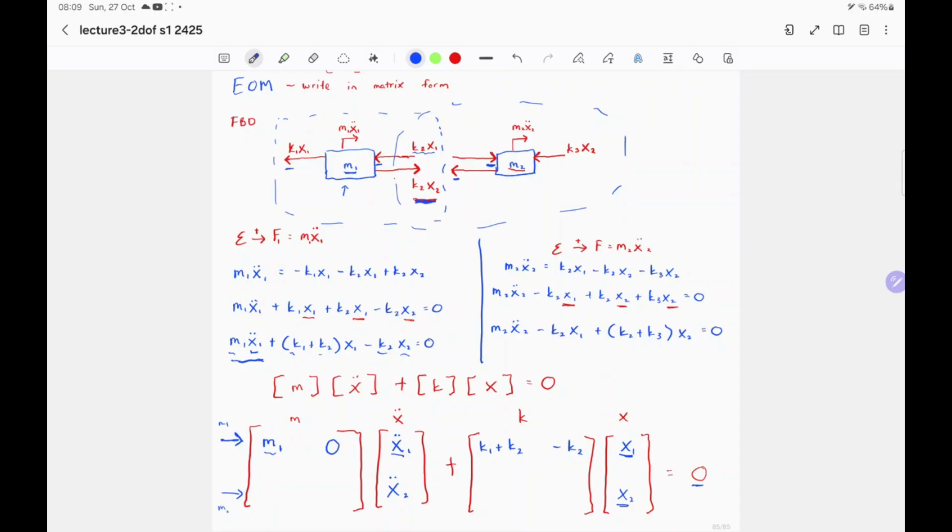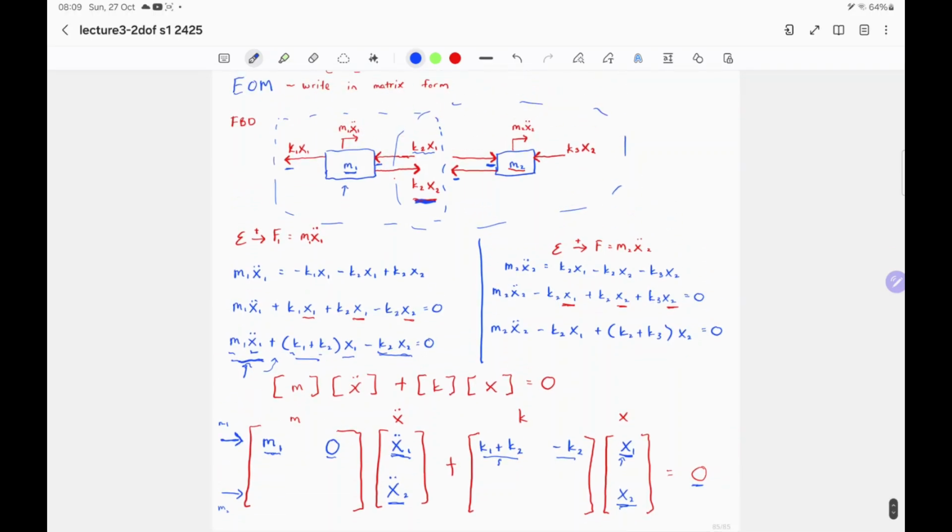So if we check again, m1 x double dot 1, plus 0 x double dot 2 because we don't have anything in here, plus (k1 plus k2) x1 minus k2 x2 is equal to 0.